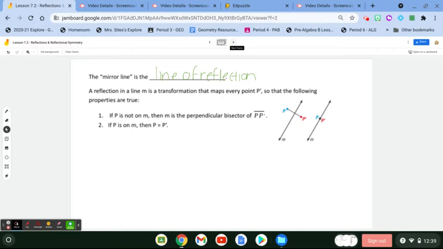If I took line M and calculated its slope, and also calculated the slope of this line here, you can see that this would be a perpendicular bisector. So we would look at our slopes and find that we have opposite reciprocals. That would be another way to determine if you have a line of reflection.